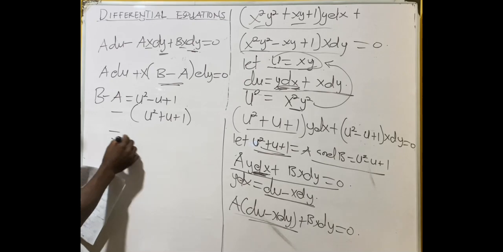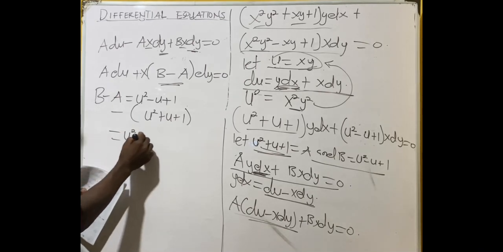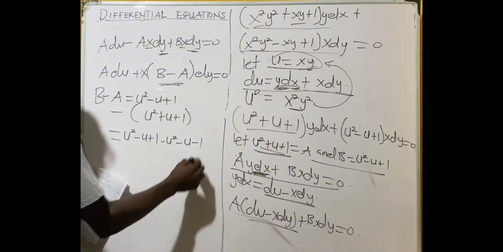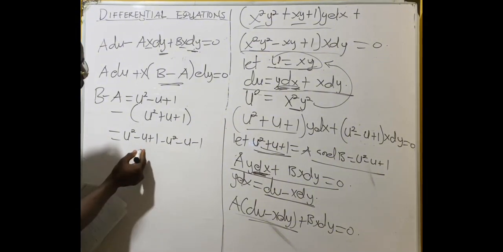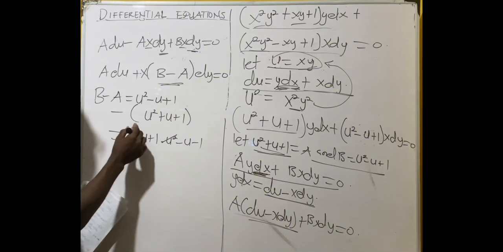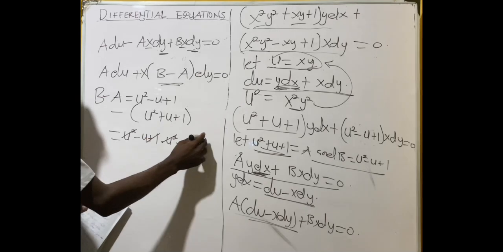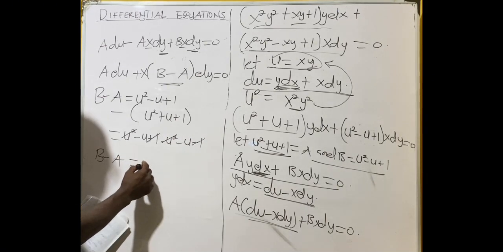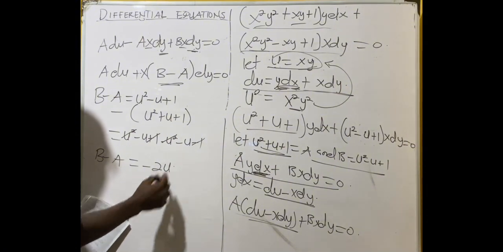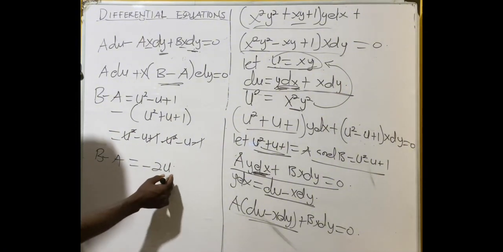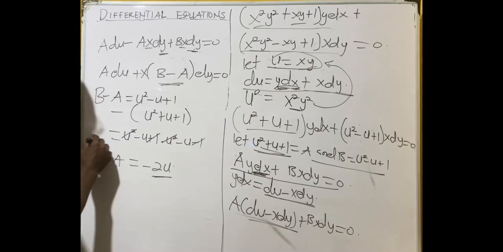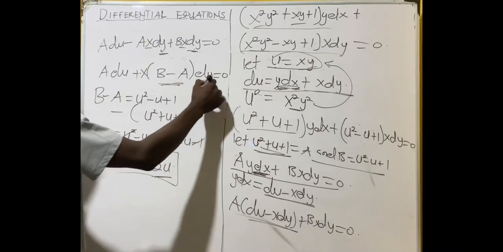So we're going to have u squared minus u plus 1 minus u squared minus u minus 1, right? We can see that this takes care of this and this also takes care of this. So we're going to have b minus a equal to minus 2u. Okay, so we have b minus a to be minus 2u. So we're going to substitute that into this, right?